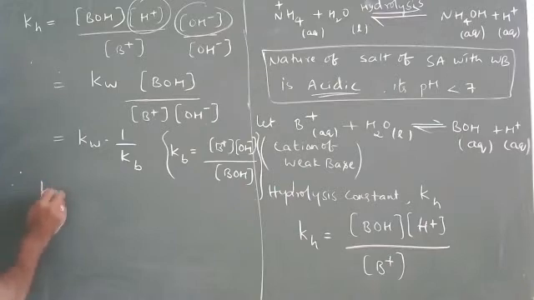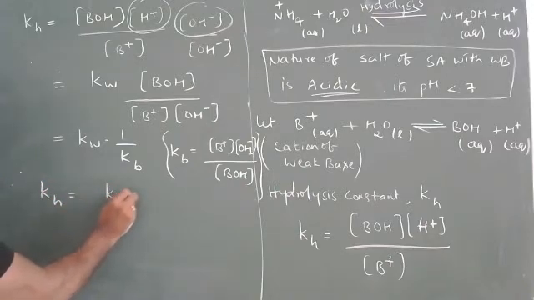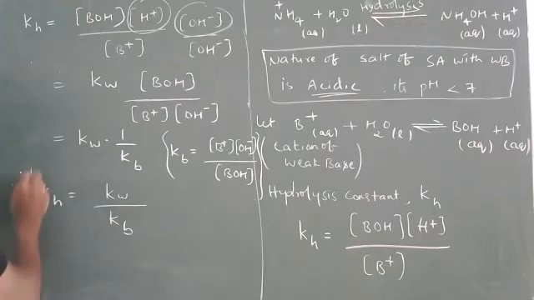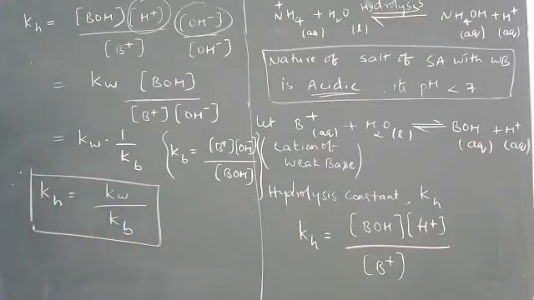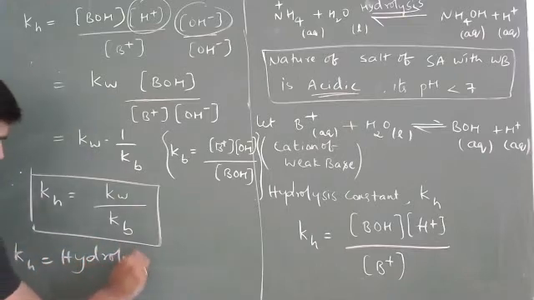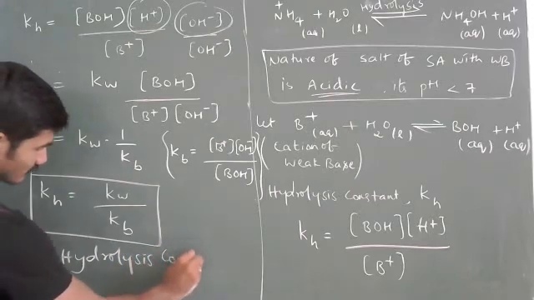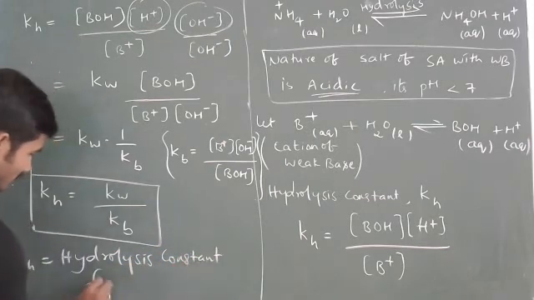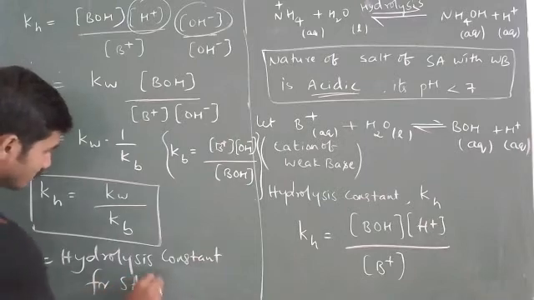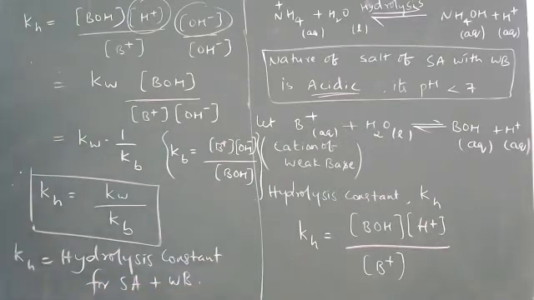Therefore KH is equal to KW by KB, where KH is the hydrolysis constant for strong acid plus weak base. Are you able to understand? Yes or no? If you have any doubt, you can ask me.